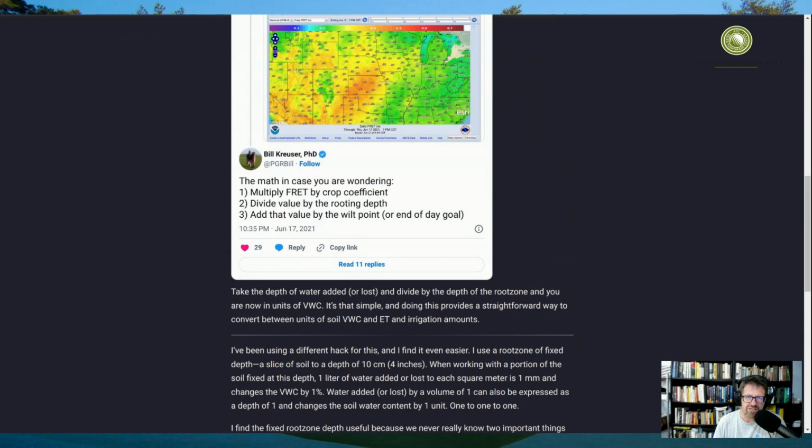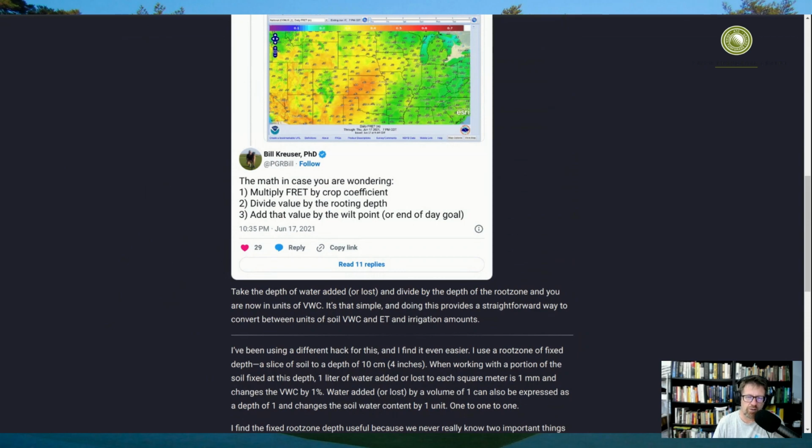That takes your reference evapotranspiration and adjusts it to the crop that you're growing, so we expect our crop will use this amount of water. You've adjusted your reference evapotranspiration of 0.37 to your crop evapotranspiration of 0.3, by multiplying by the crop coefficient.